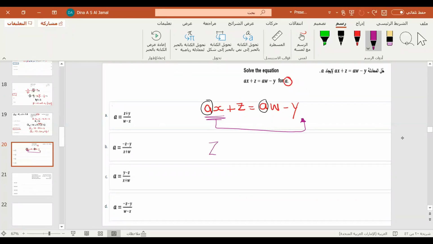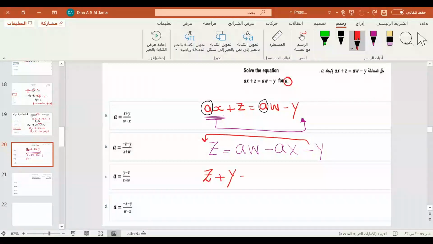So z is equal to aw minus ax minus y. Then what I will do with the minus y, I will move it to the other side. So it will be z plus y equal to aw minus ax.